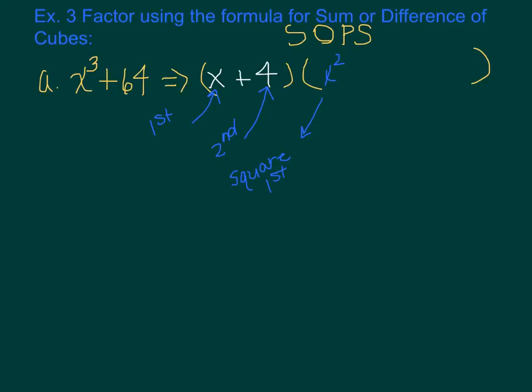Then the O stands for opposite sign. So our sign started off positive, now it's negative. The P stands for product, so you're multiplying the x and the 4, which would be 4x.